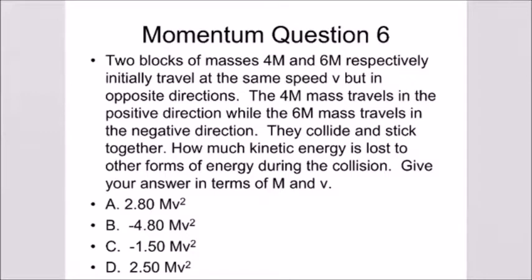So first of all, we need to calculate the kinetic energy before the collision. That's going to be equal to 1/2 mass of the first object times the velocity of that object squared. So that's going to end up being 2mv squared. We also need the kinetic energy of that other object.